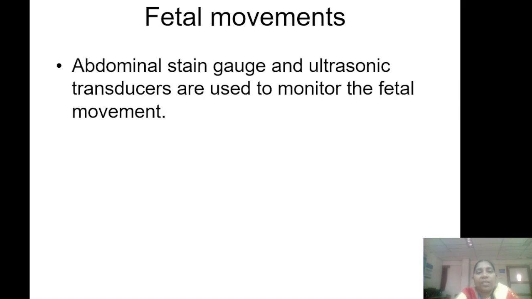Then we have the next kind of signals, which we call biochemical signals. Biochemical signals are usually measured in the clinical laboratory only.